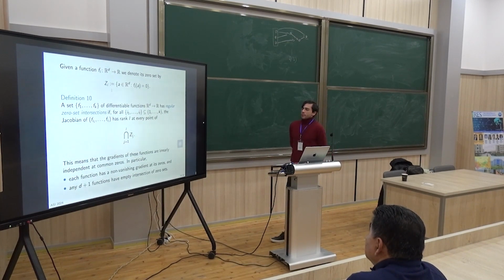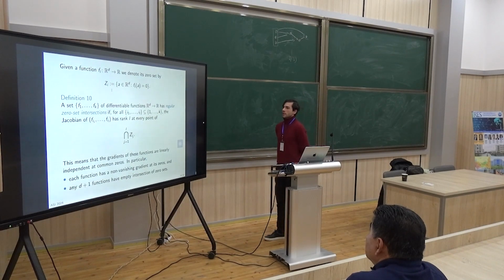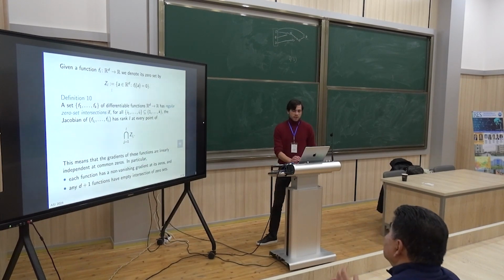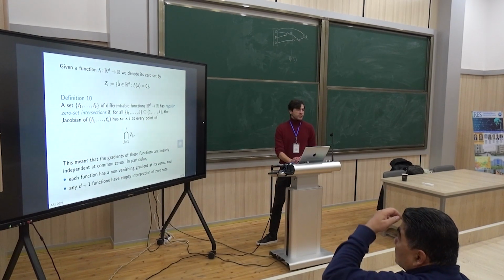We're going to need a technical condition here for this whole discussion to work. We're going to say that k differentiable functions have regular zero set intersections if, when we look at these surfaces, they intersect nicely.